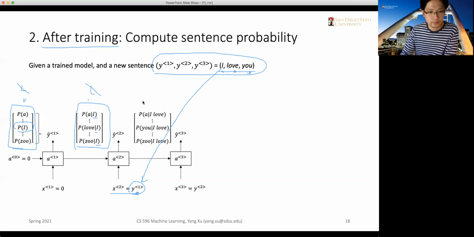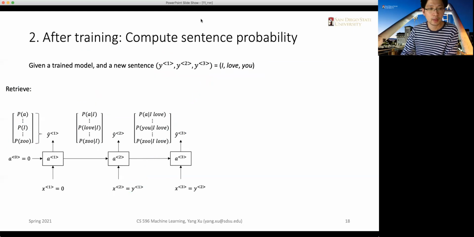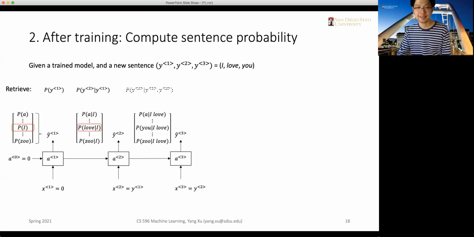And for the last word, given these 3 probabilities, what we can do is to look at the probability of the first word being I, and the probability that the second word is love, given that the first word is I. And the third probability is the probability of the third word being you, given the first words are I and love, right?